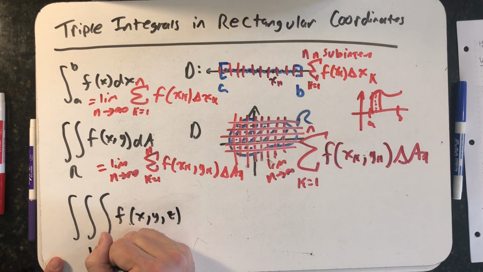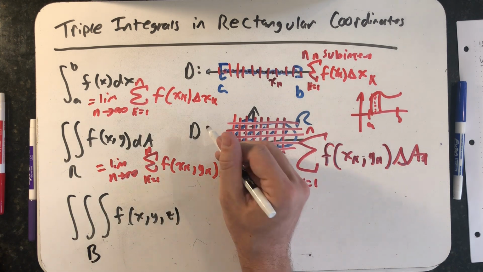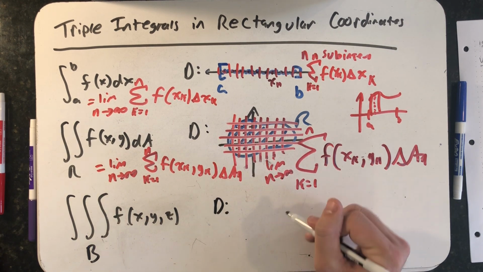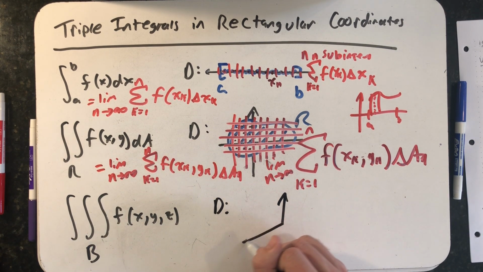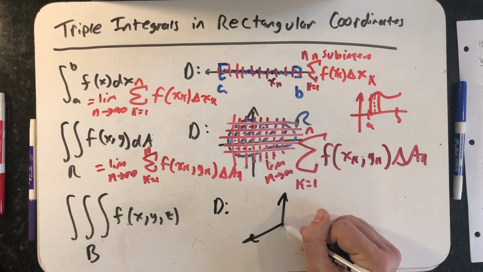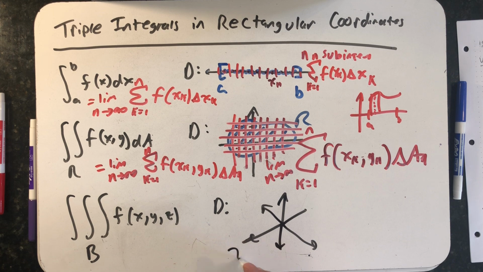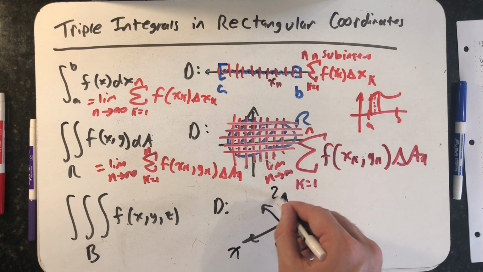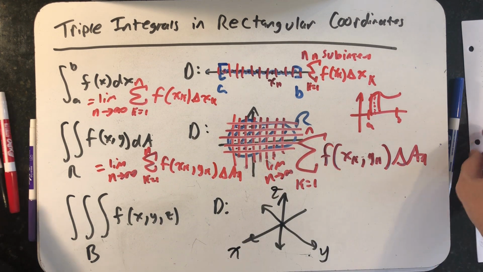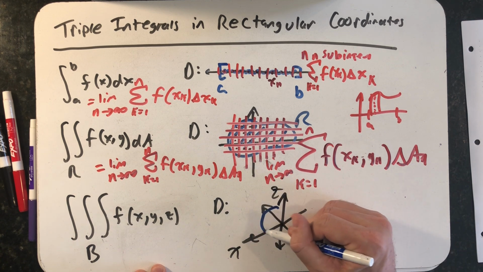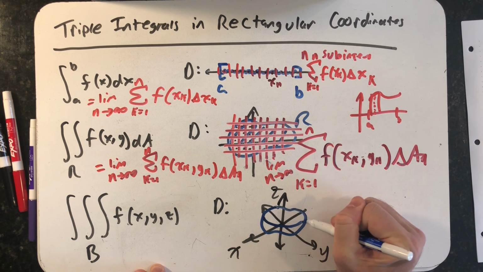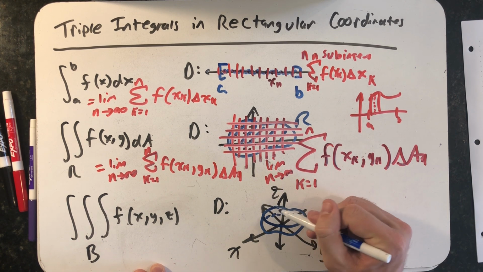My region, I'm going to call B this time, just for the heck of it, will live in the domain, which is now some region of space. Right? Three domain variables means my domain itself lives in space. So some three-dimensional region like that.